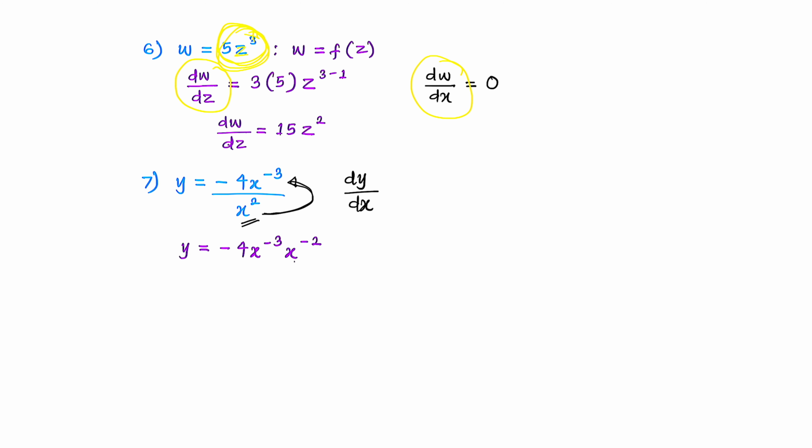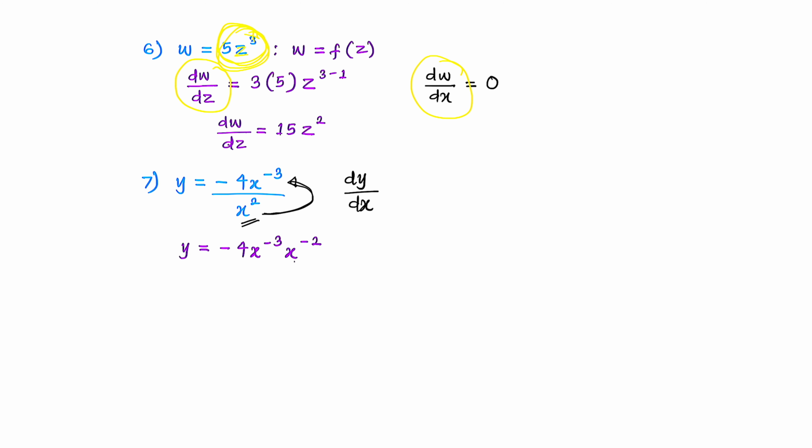That means y equals negative 4, because these variables are of the same base, we can write them as 1, and then we add the powers, basic rule of indices or indexes.